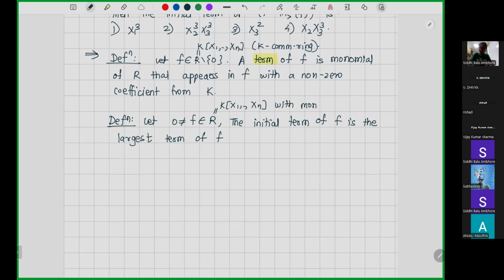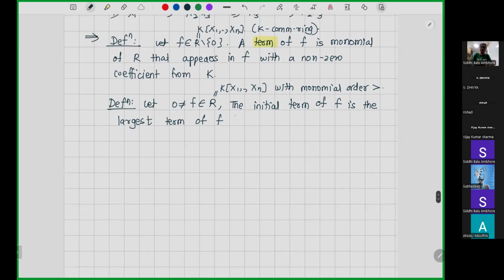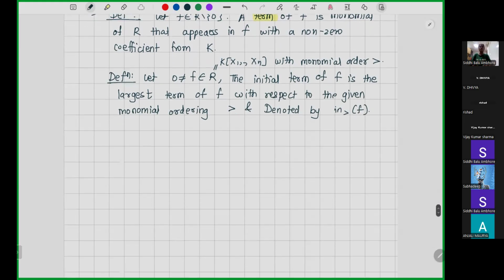So it is the largest term with respect to the given monomial order, and it is denoted by in(f), which is already used in the question.